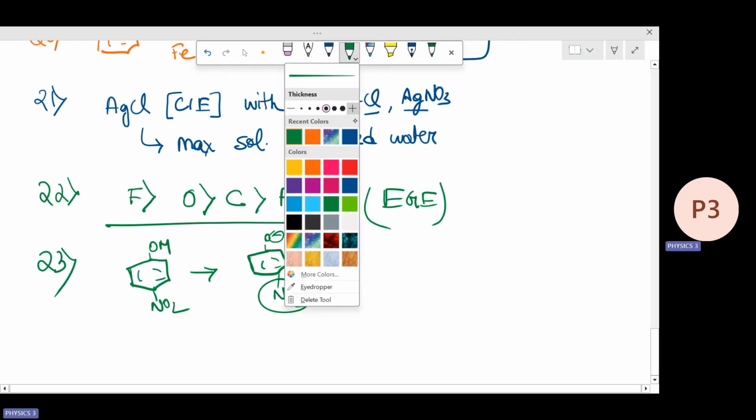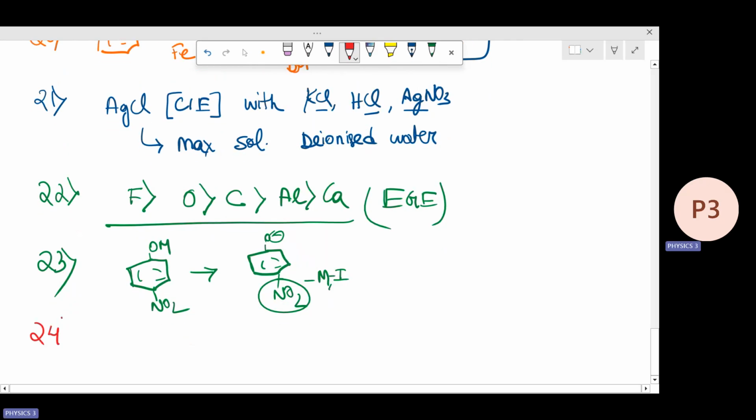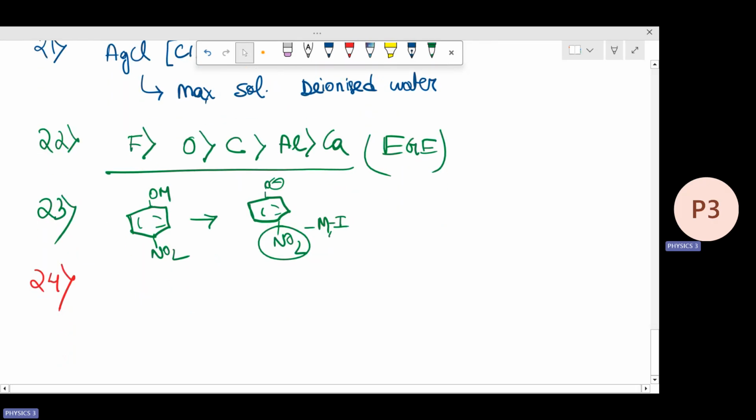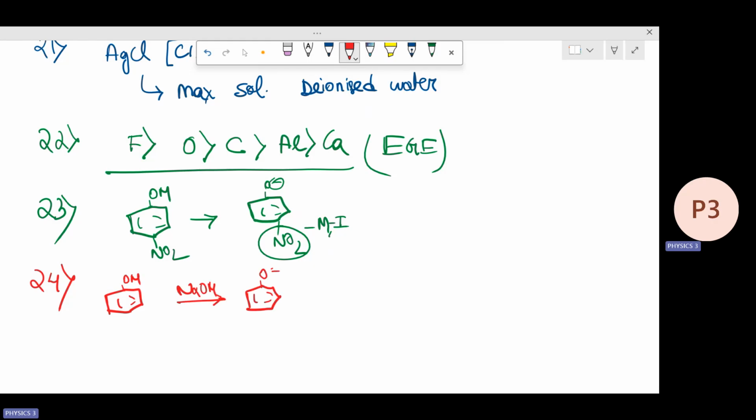Question number 24. They have given a series of reactions, starting with phenol. If you give NaOH, phenoxide will be formed, so it will be O minus. As soon as you give CO2, the O minus will push electrons into the ring and attack, so it will become C double bonded O minus.